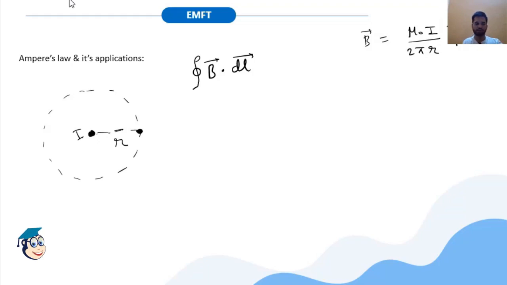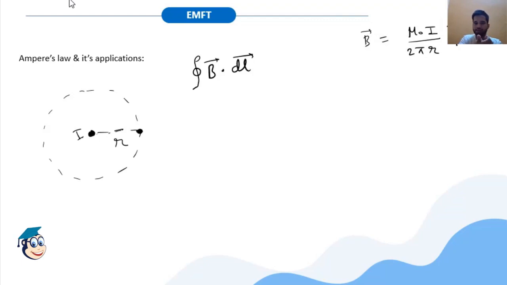So how do we calculate the direction? If you place your thumb in the direction of current, and the current's direction is outwards, you may be seeing it as inward, but I will show it as outward.